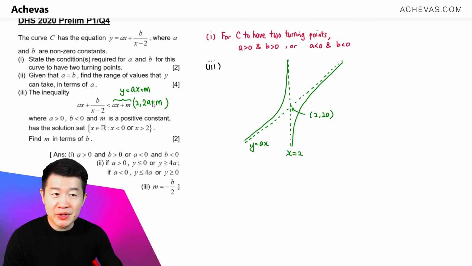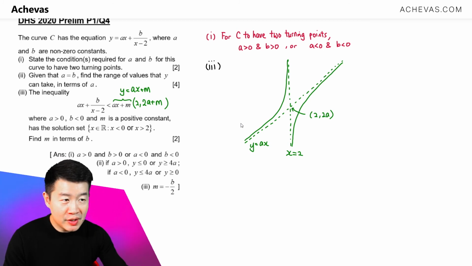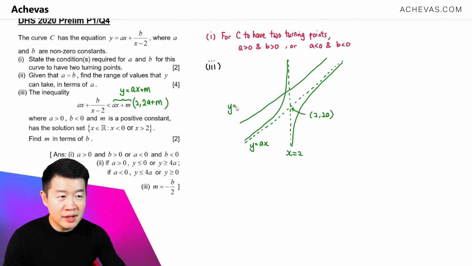And since m is a positive number, I'll be expecting this line to be residing above and not below this point. So this line is going to be parallel to this and it's going to be above this point. So I will have a line that is something like this. This will be y is equal to ax plus m.